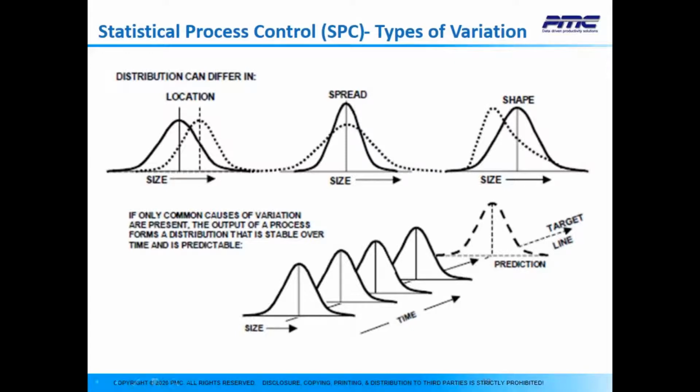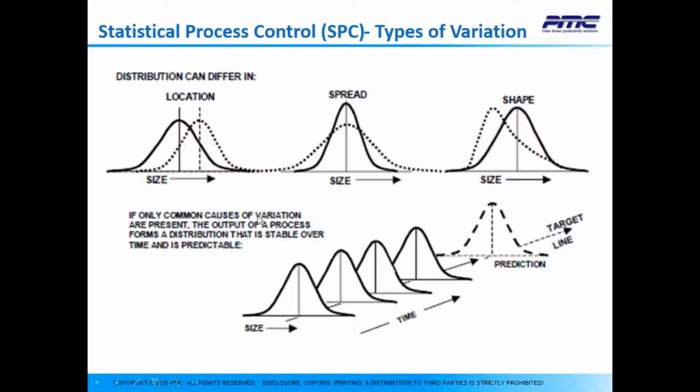And the shape here, if you can see, could be skewed to the right or left, depending on where the majority of your data points are. So you may have data points that are above the center, close to your upper spec limit, versus the natural expectation of having the randomness around the mean.